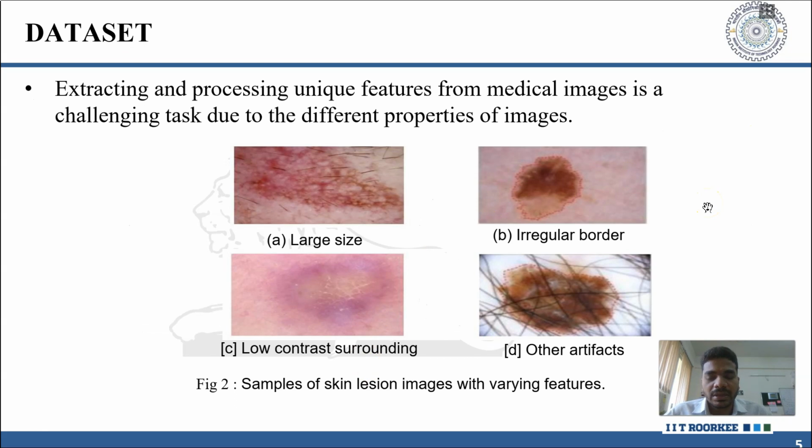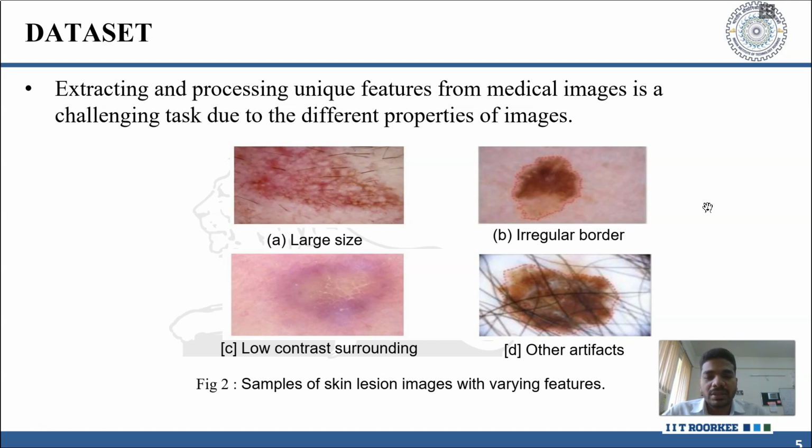The datasets we used here are one for binary classification and one for multi-class classification. They are skin datasets, meaning skin cancer images, a medical dataset. Extracting and processing the features of these medical images is very challenging and difficult because of their different properties.